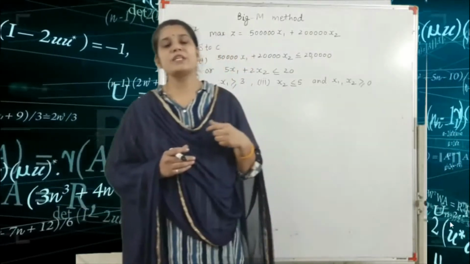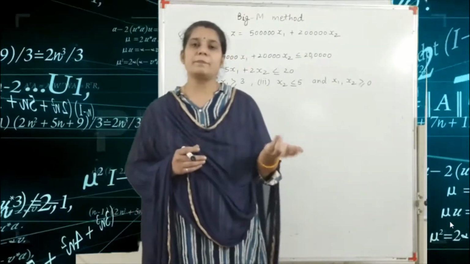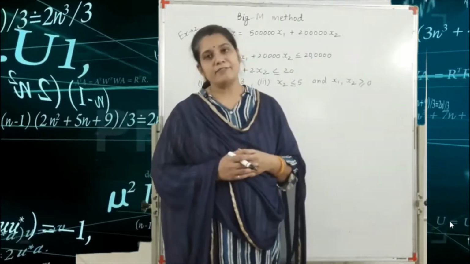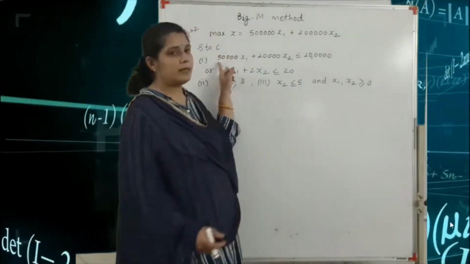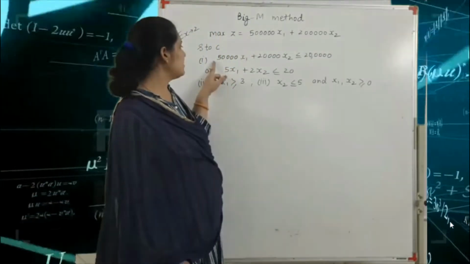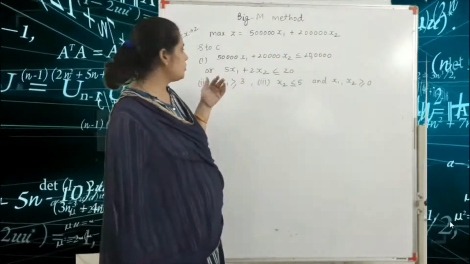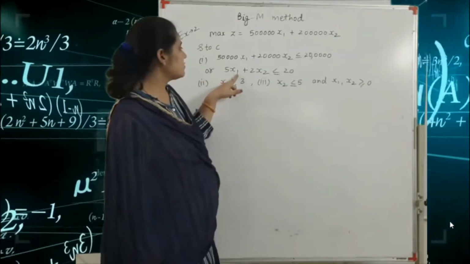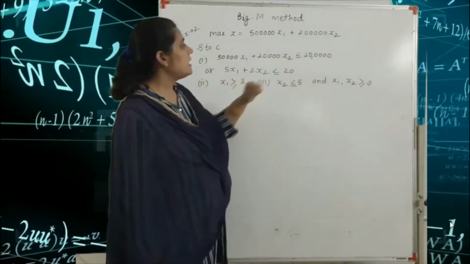First we introduce the slack variable, surplus variable and the artificial variable. So first we write the constraint equation number 1 in the simple form, 5x1 plus 2x2 less than or equal to 20.